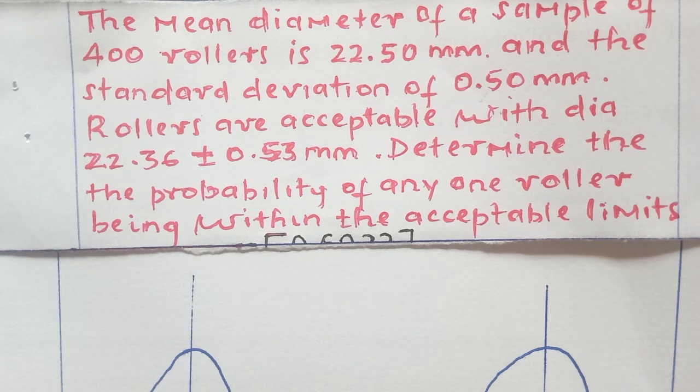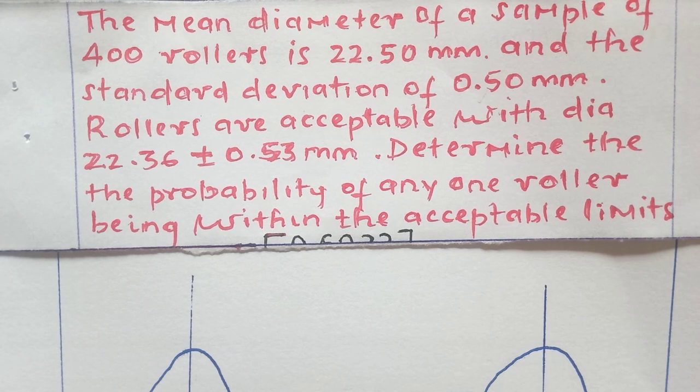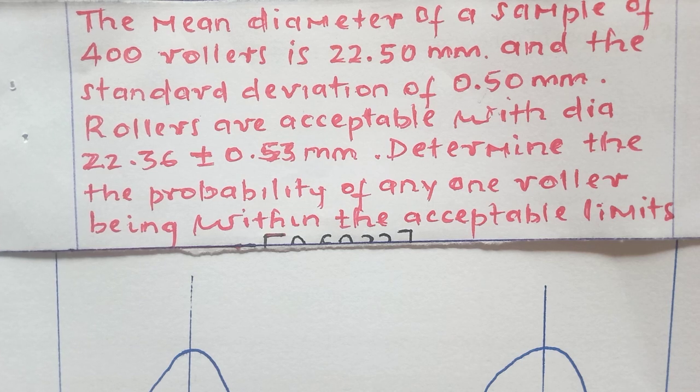So guys, we use those two graphs. One of them is standardized, while the other one is for the normal distribution. The sample is 400, and 22.50 is the mean diameter.